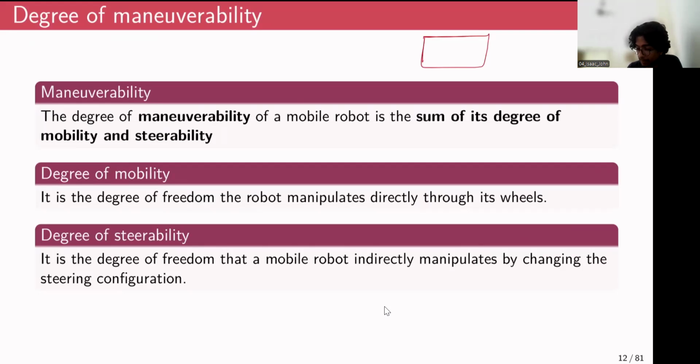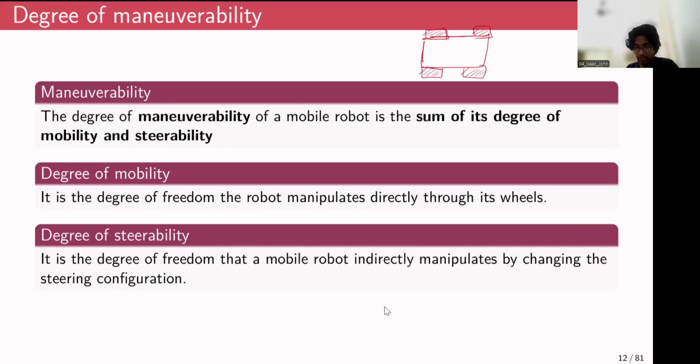You can have an independent steering axis, using one independent motor for steering that front wheel, and one more motor for the rotating motion of that wheel. So the front wheel is powered and also steerable, contributing 1 degree of steerability and 1 degree of mobility. In total, the maneuverability will become 2.